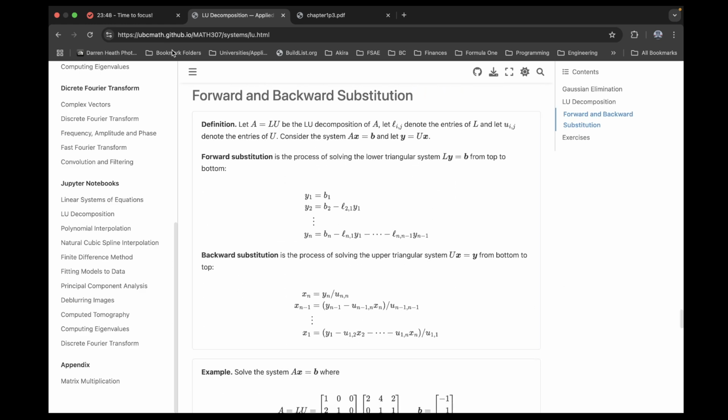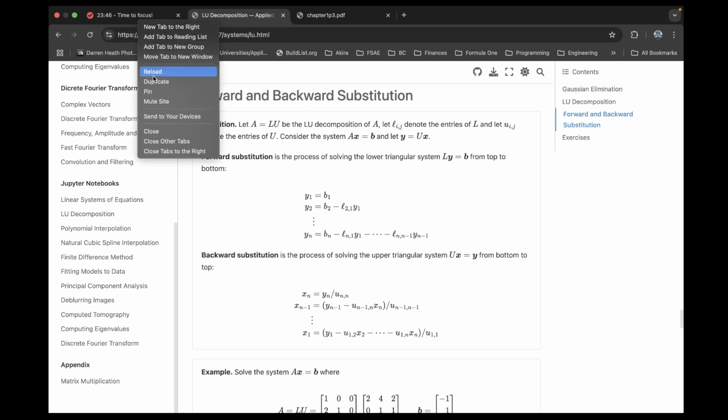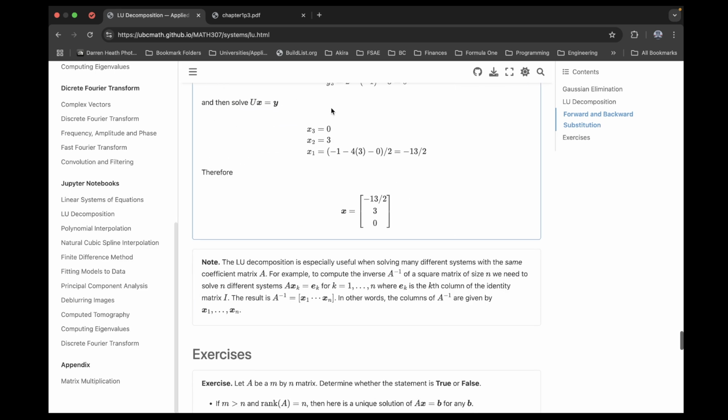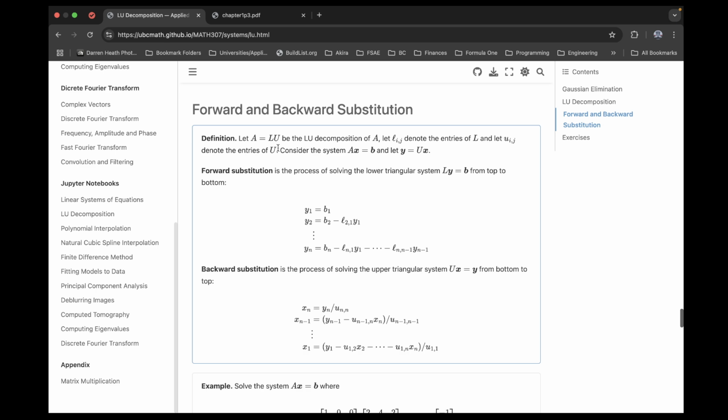But now, what is forward and back substitution? Let's say we have the LU decomposition of A, and we can access the entries of L and U, and we have the system AX equals B, and we'll have Y equals U times X.